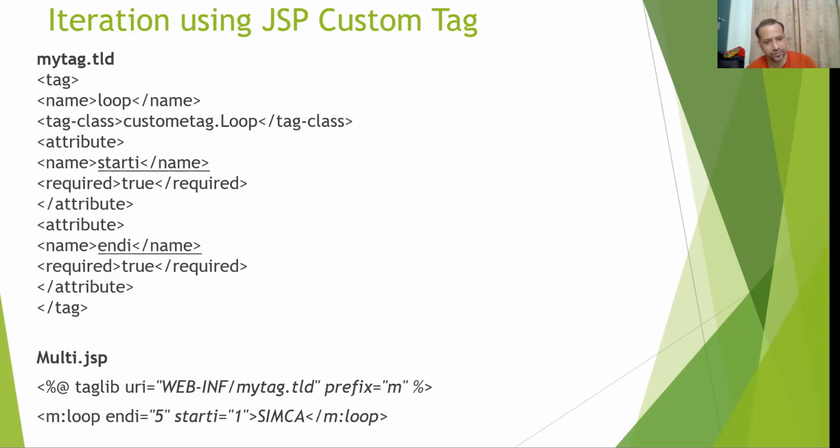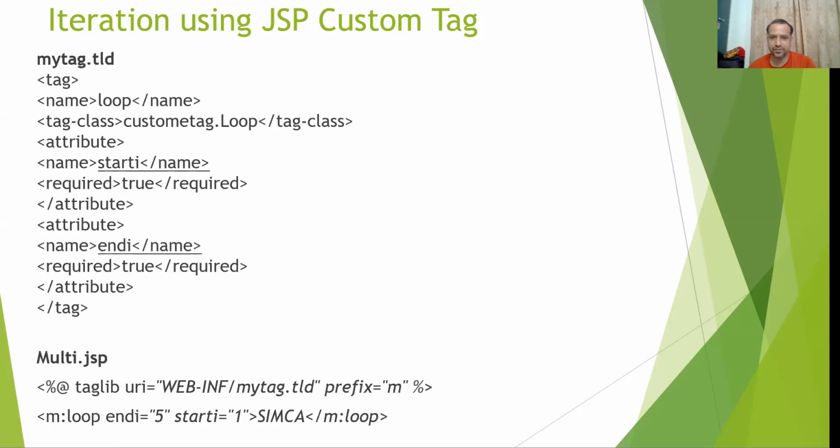Now I'm going to use taglib URI web-inf mytag.tld, prefix m, loop endI 5 and startI equals 1, and whenever I run this code it is going to print the values up to 5.